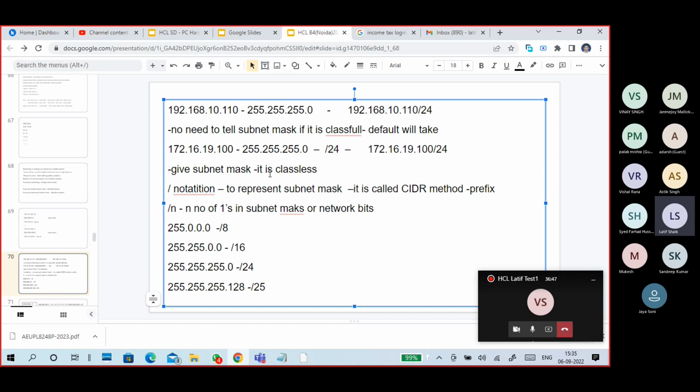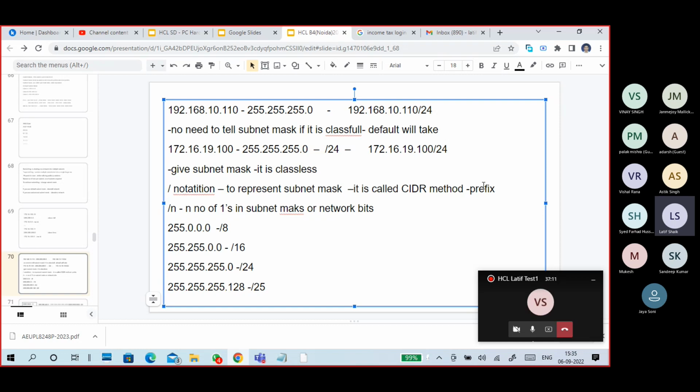For example, 255 means 8 ones, 8 bits, right? So 8 ones, 8 ones, 8 ones. Total it is 24 ones. That's why we are writing slash 24.